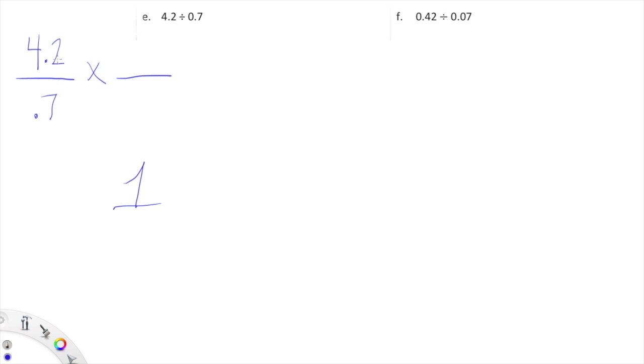What can I multiply 4.2 and 7/10 by so that each of these digits will shift over to the left one place value? I need to multiply them by 10 because I need 4.2 to shift over to the left one place value, and I also need 7/10 to do that. So I'm going to multiply them by 10 over 10.